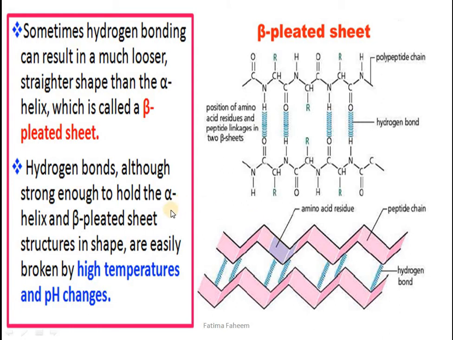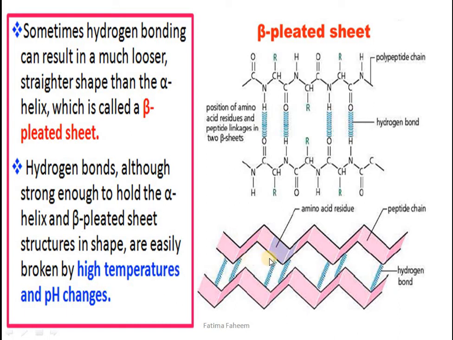Hydrogen bonds, although strong enough to hold the alpha helix and beta pleated sheet structures in shape, are easily broken by high temperatures and pH changes. If you remember from your knowledge of O levels, denaturation occurs in protein when the temperature and pH are taken beyond the optimum temperature and optimum pH respectively.